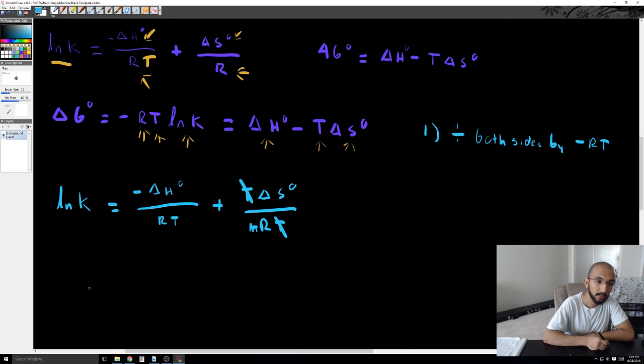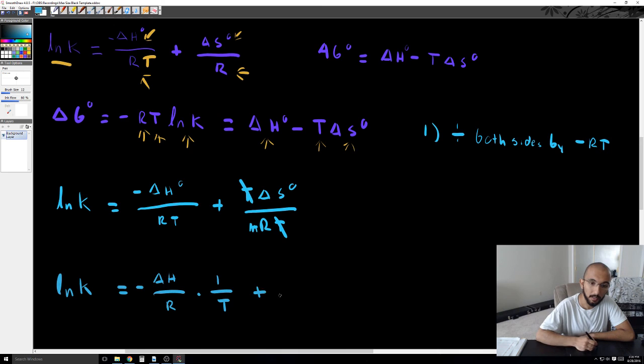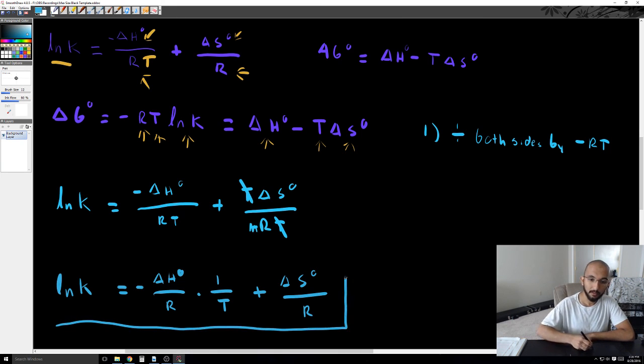I hope it's pretty clear that we're already in the Van 't Hoff form. ln K is equal to negative delta H over R, and I like to write it as times 1 over T, so I can see x and m clearly, plus b, which is delta S standard over R. This is the Van 't Hoff equation.